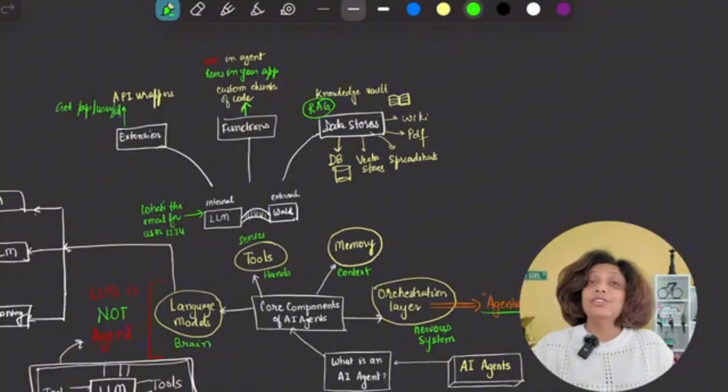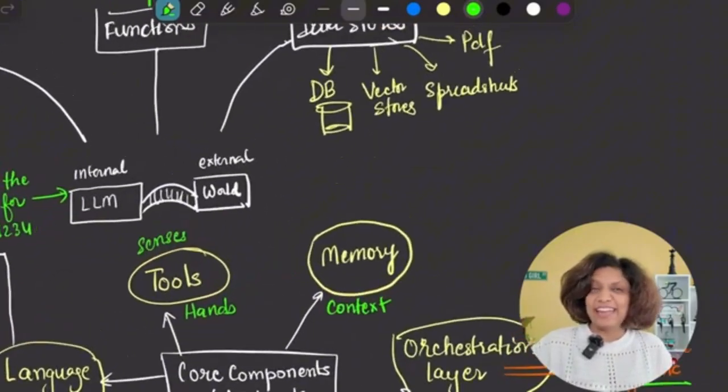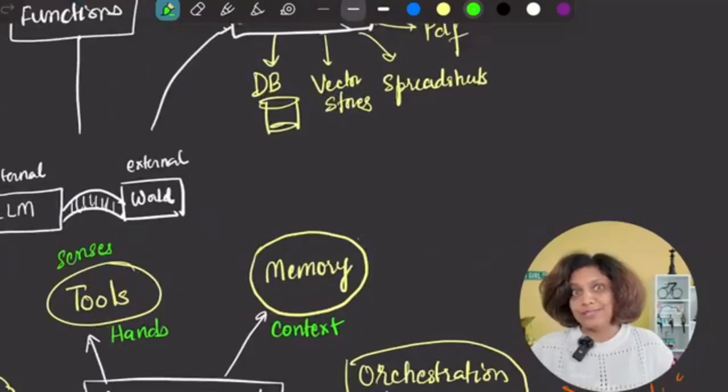Now here's an example, a customer service agent which accesses your orders in the database. When someone asks, where's my order? The agent retrieves the exact real-time shipping information from your database. Together, these three tool types transform a passive language model into an active AI agent that can interact with your entire technology stack.